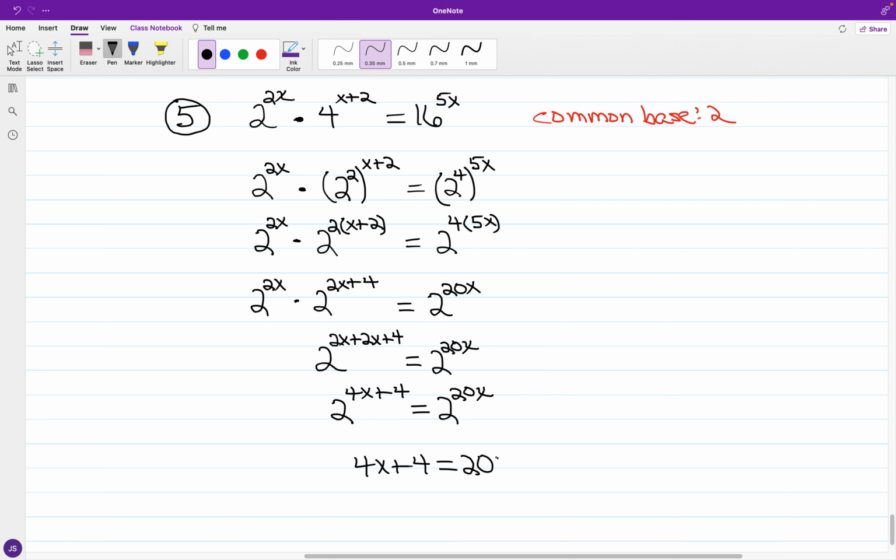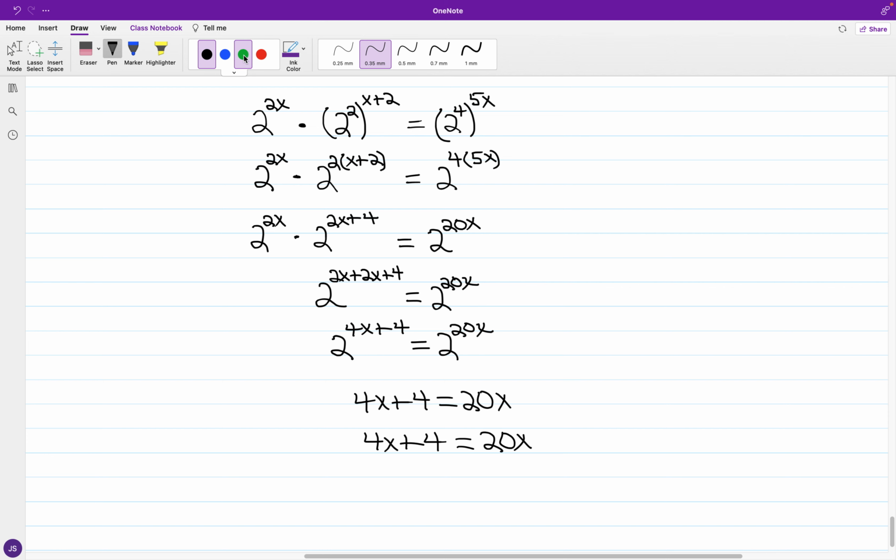Okay, so I have 4x plus 4 is equal to 20x, and I can gather or join together what I have in x. So in this case, I can move the 4x.